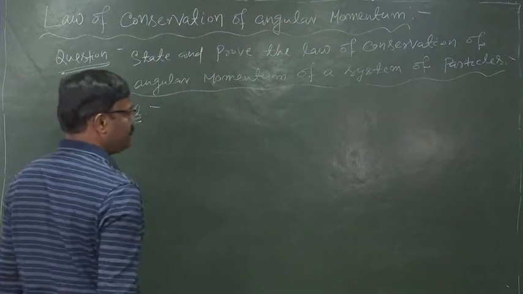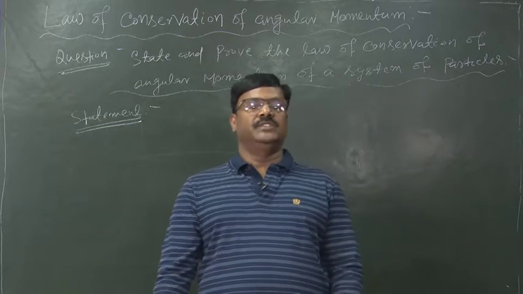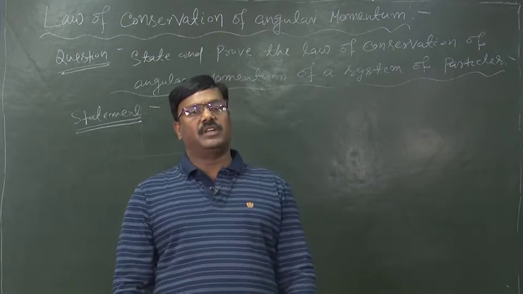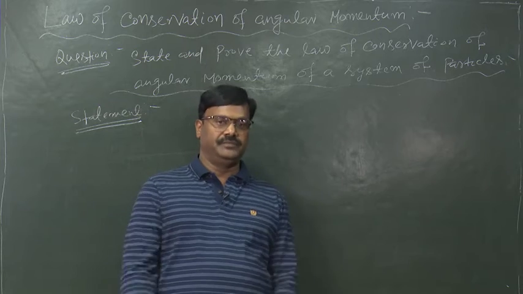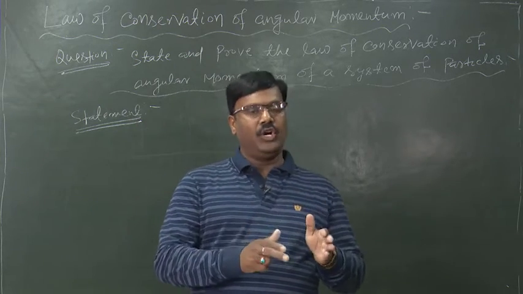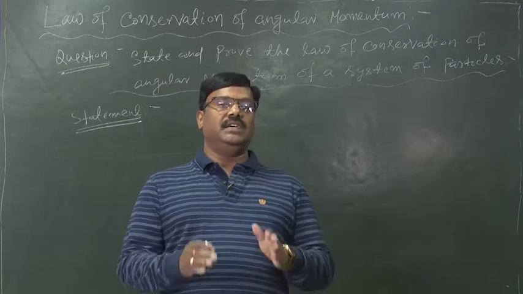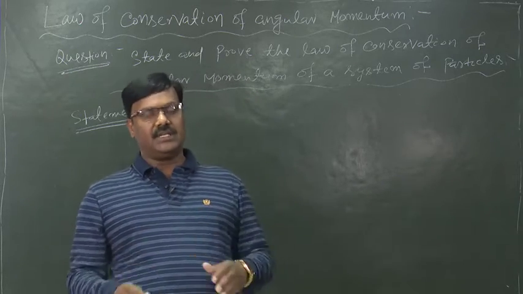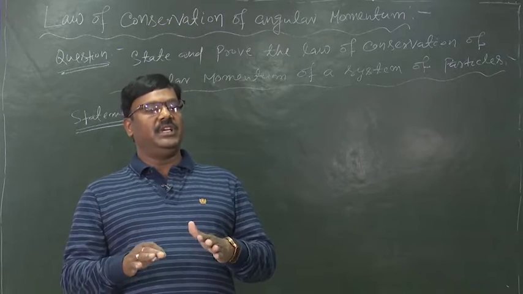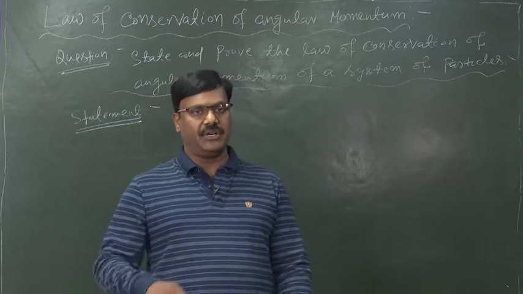As we know, in case of the law of conservation of linear momentum, the total linear momentum of a system of particles always remains the same. That is, the total linear momentum is constant for an isolated system.